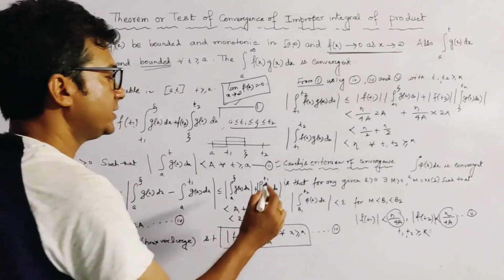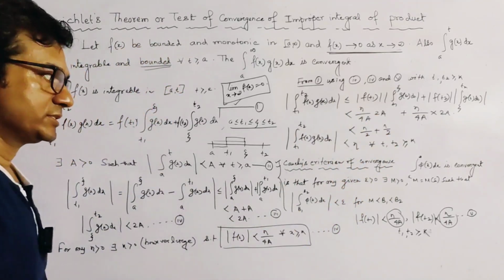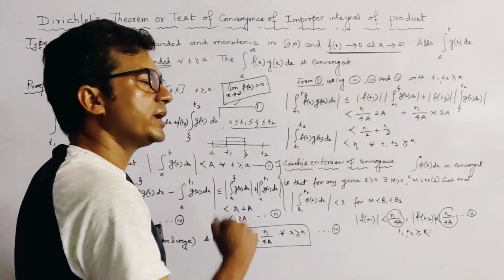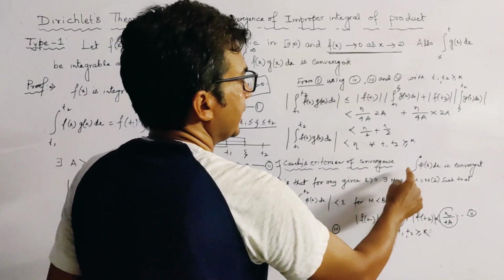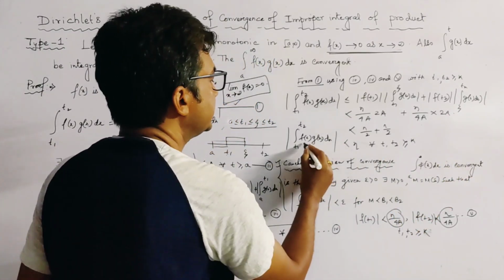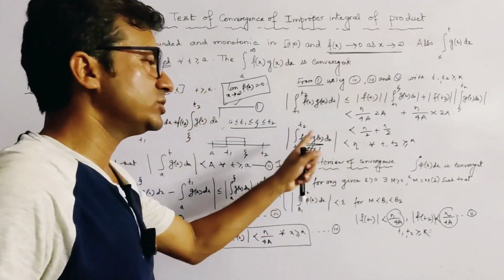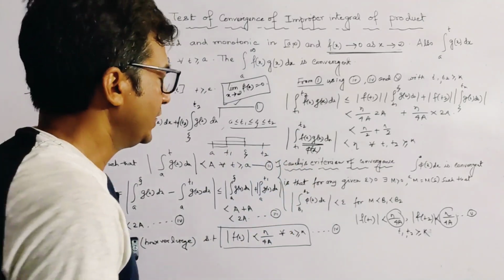Now we already discussed the Cauchy's criterion of convergence. What is Cauchy's criterion of convergence? Integration a to infinity phi(x) dx is convergent. Here this term is total phi of x, that is f(x) into g(x) means phi of x.